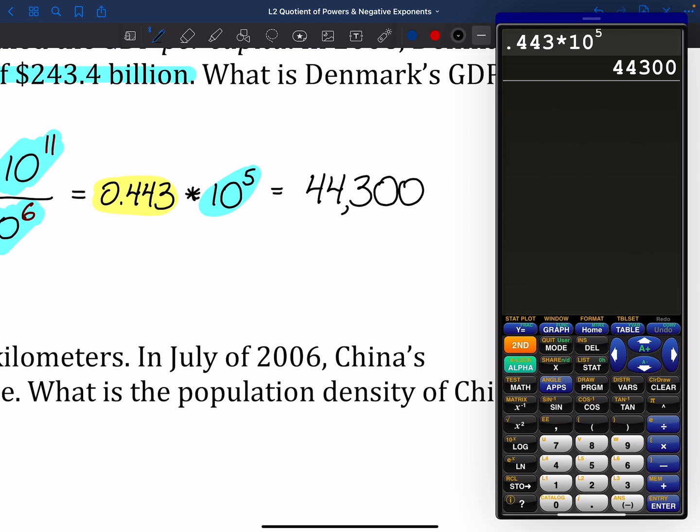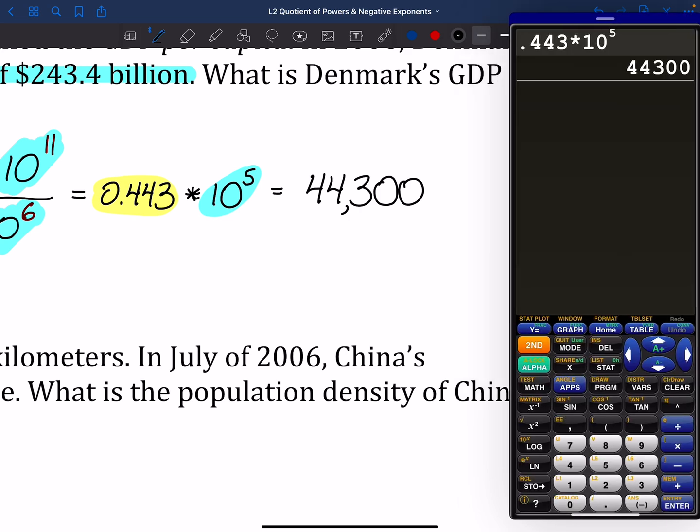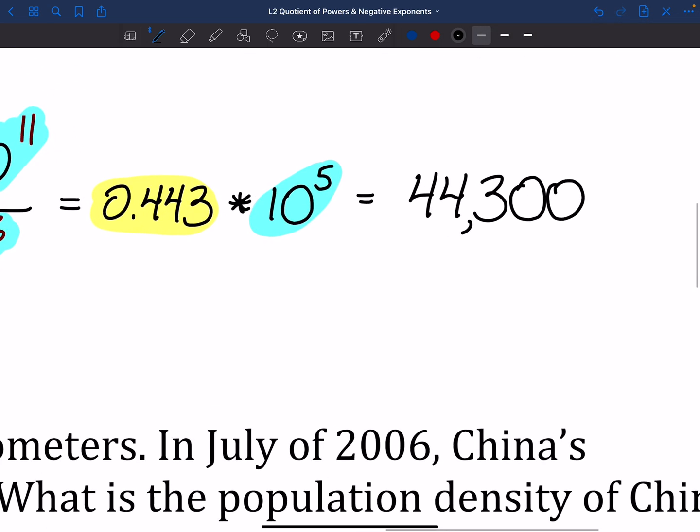Or what we can do is take a look at what's going on with the decimal place. In our answer, my decimal point is right there. It's times 10 to the 5th power. So to undo the scientific notation piece, I can move my decimal point 1, 2, 3, 4, 5 spaces, right?